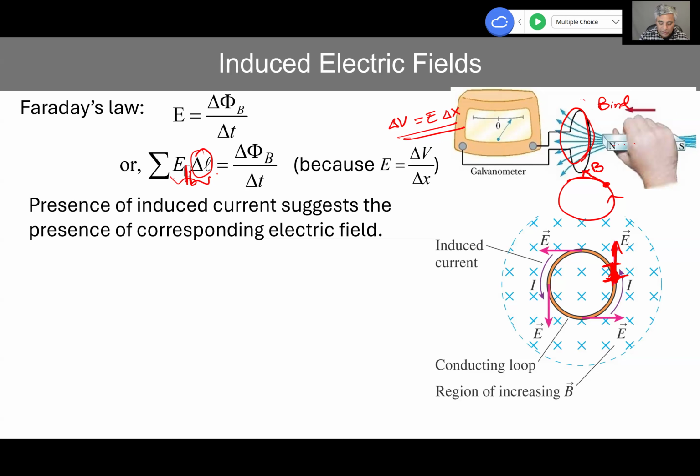Now if I collect all of them and add them together, that gives us the whole loop. So it represents this whole loop of the electric field, let's say.